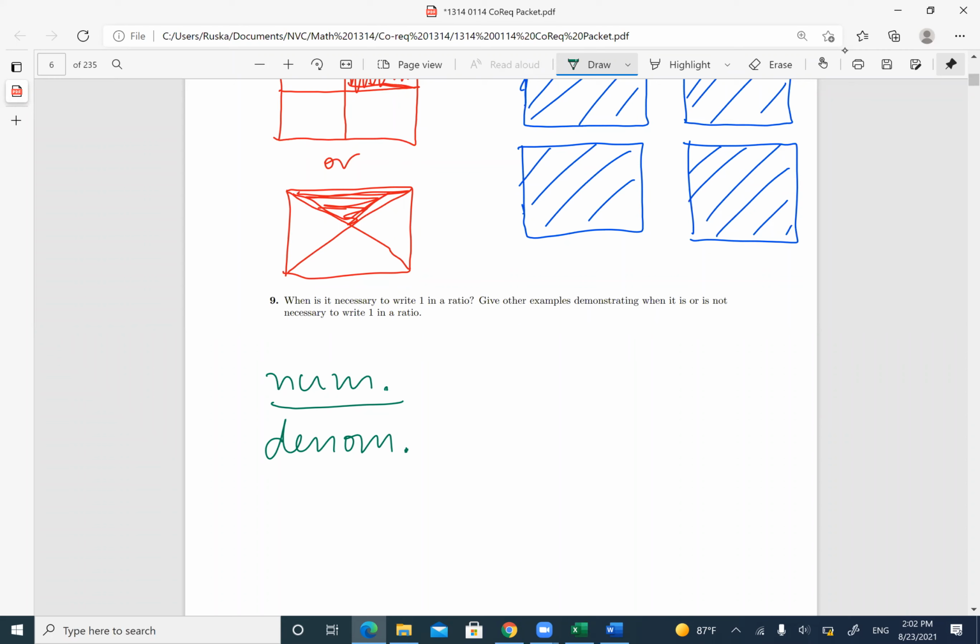Okay, so I'm going to give an example. If I have 1/5, the 1 has to be there, okay? But if you have 7/1, the 1 in the denominator makes it the same as 7. You don't have to put it. Make sense? So if I have 1/5, it has to be 1/5.